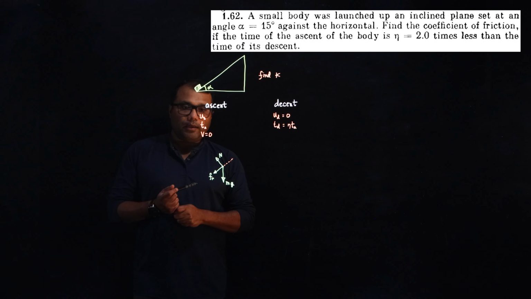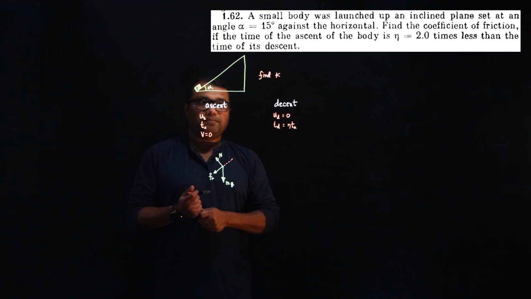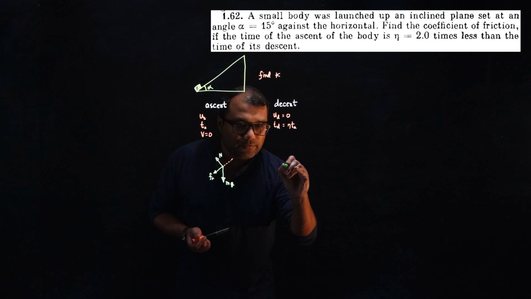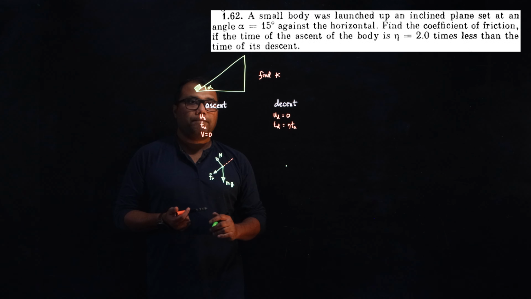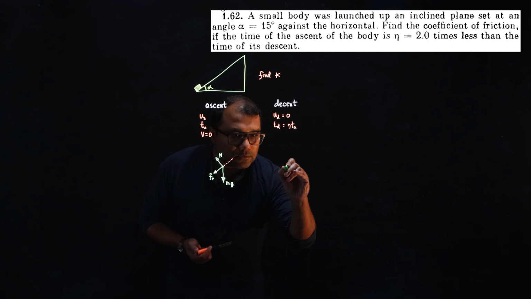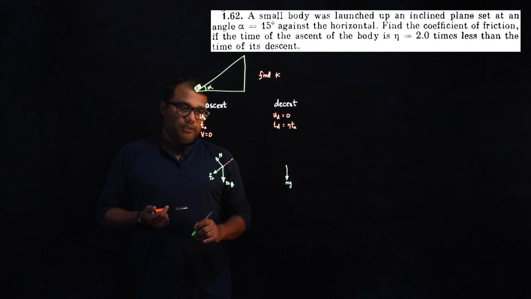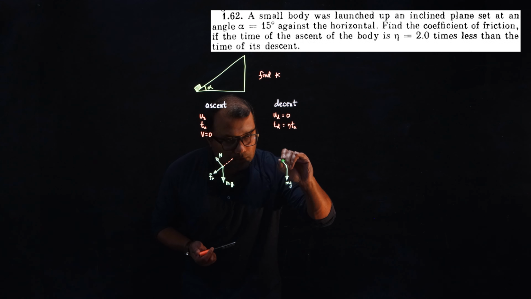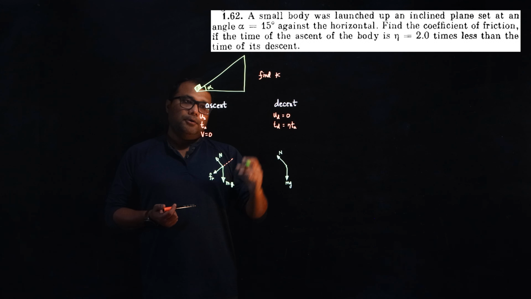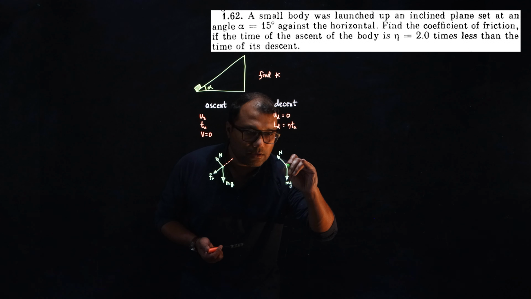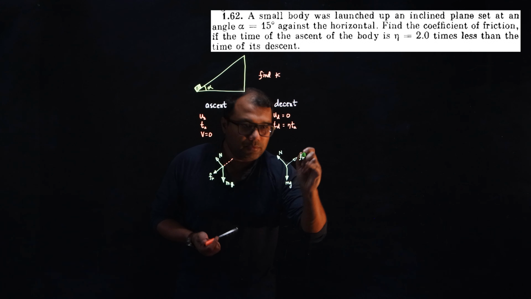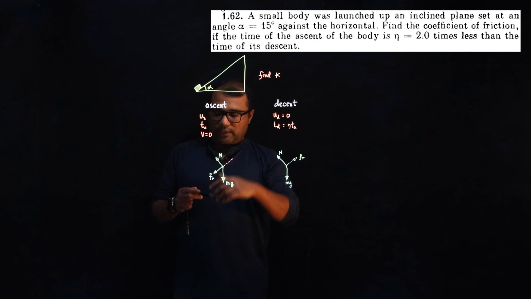Now in the descent case, if we draw the free body diagram, there will still be the mg force downward, the normal force will still be here, but the friction is now in this direction. Why? Because the body is moving down.